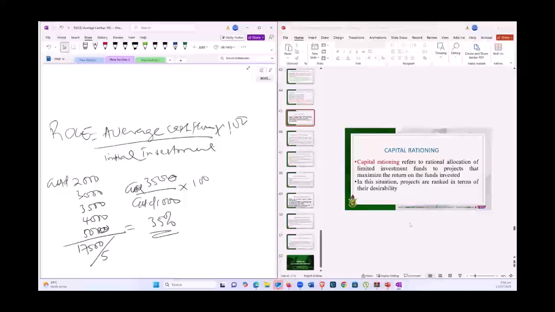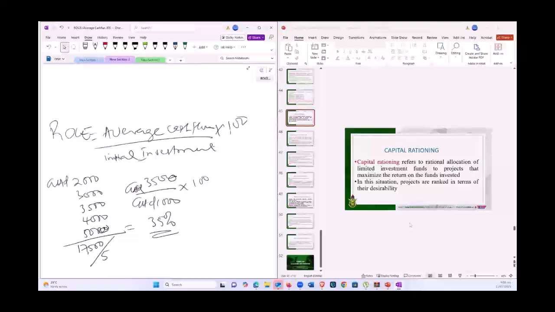It may want to raise funds from capital markets to pursue the projects, but the capital markets are not ready to support the firm. It could be that the firm is considered too risky to be assisted. It could also be that the capital markets themselves are having challenges. They are going through crisis, and because of that, they are unable to help firms who need assistance from them.